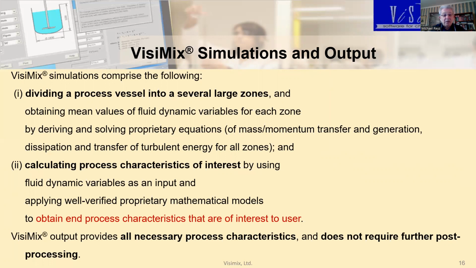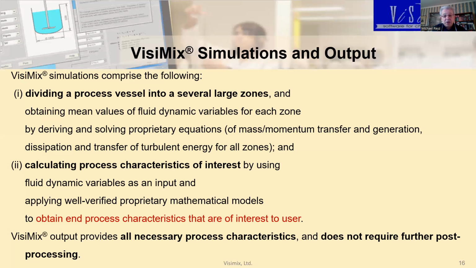As the second step, using fluid mechanical properties obtained in the first step as input, we calculate process characteristics of interest for user by using fluid dynamics variables as an input and applying well-verified proprietary mathematical models in order to obtain end process characteristics that are of interest to user.